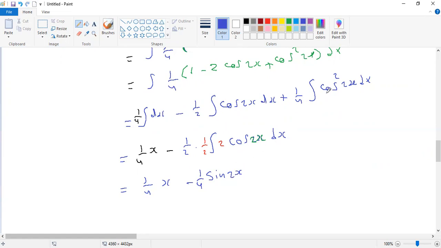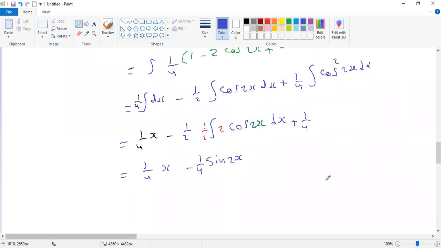What about this one? Now the integral of cosine squared, plus 1 over 4 cosine squared. Also, I'm using the double angle formula: cosine squared theta is half times 1 plus cosine 2 theta.